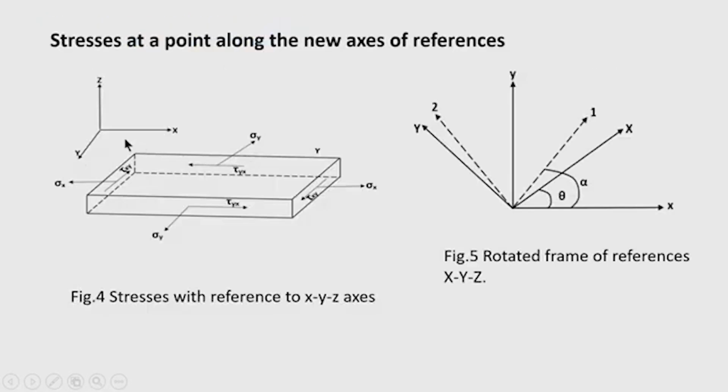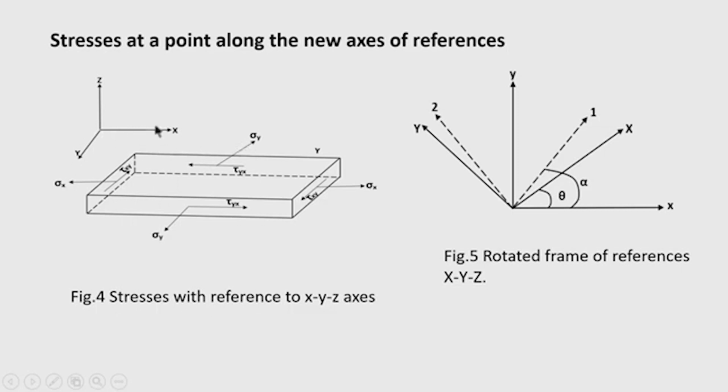The stresses that are written in the Cartesian coordinate system x y z can also be represented if the frame of reference is rotated. So, say for example, the original frame of reference is denoted by x y z, x is small letter, y is also small letter, z is small letter.